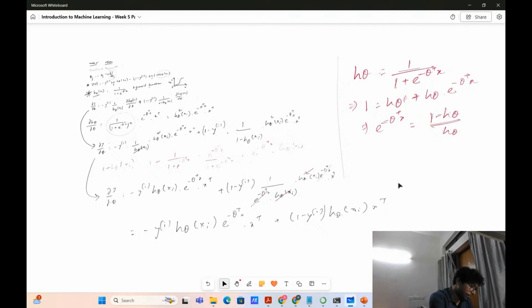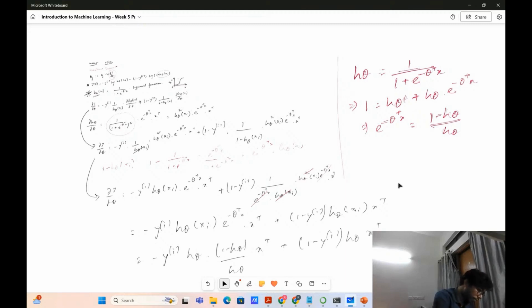Now we'll just substitute the e to the power minus theta transpose x value over here. So this is h theta times 1 minus h theta divided by h theta x transpose plus 1 minus yi h theta x transpose.